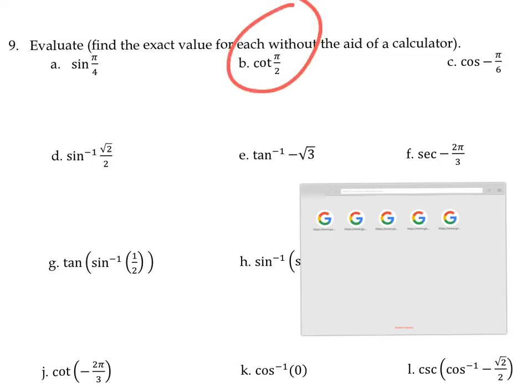Tangent is y over x, so cotangent's x over y. So 0 over 1, which is 0. The next one is cosine at negative pi over 6. Negative pi over 6 is the same thing as 11 pi over 6, so that's right there. Cosine is x, so the x value there is square root of 3 over 2.